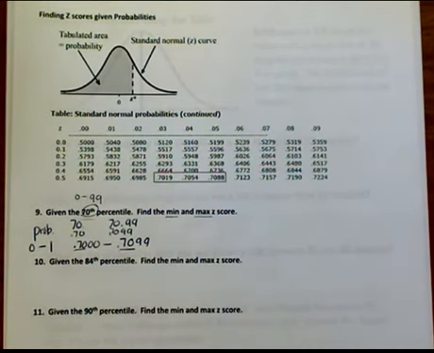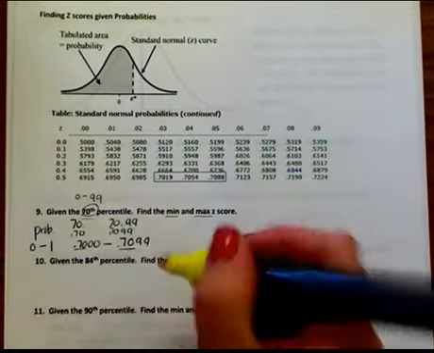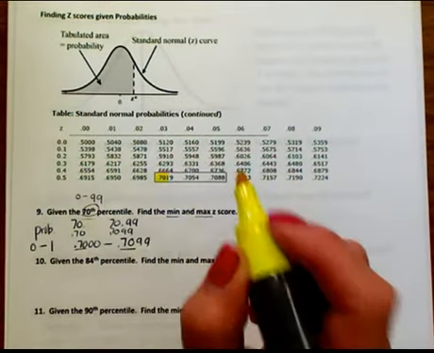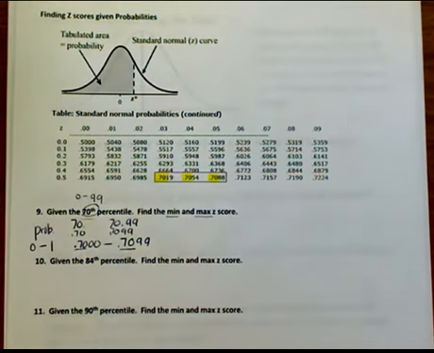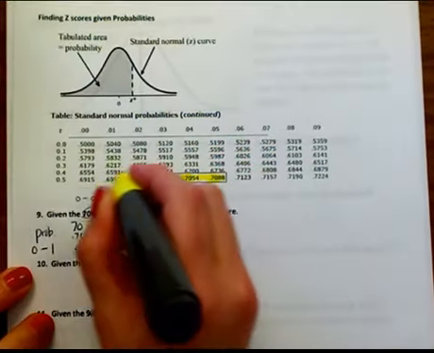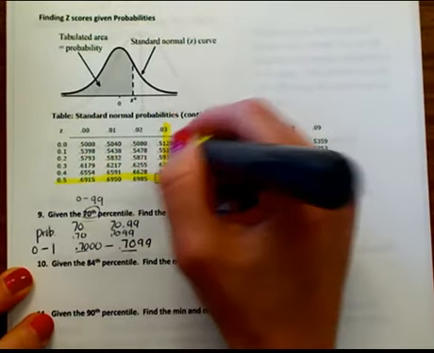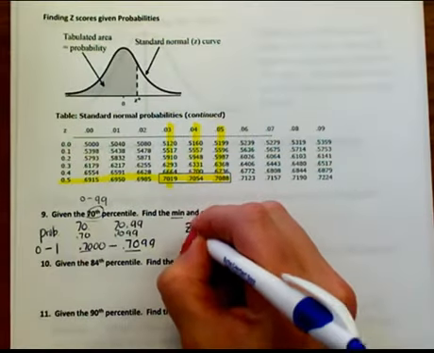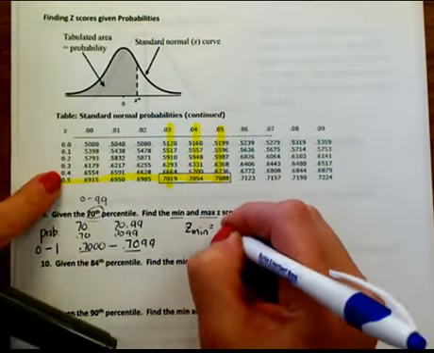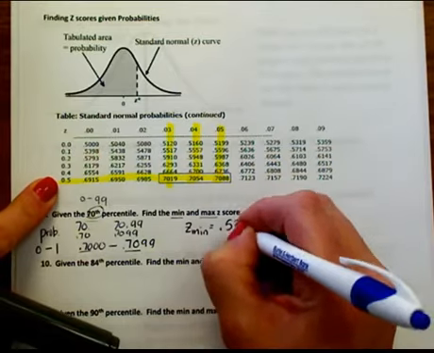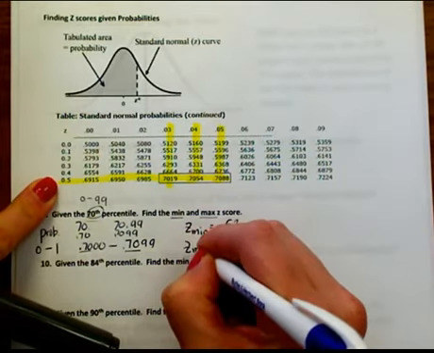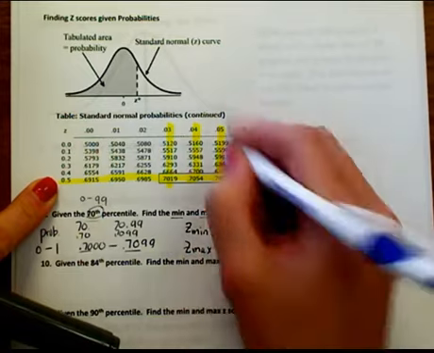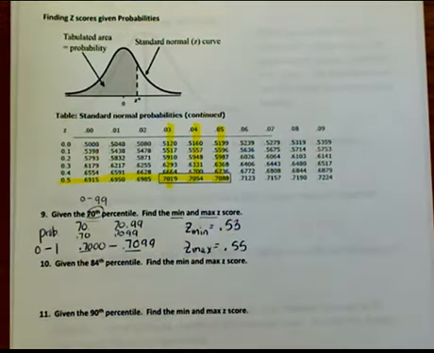I'm going to go up to my z-chart and scan the probability numbers for anything that has a 70 to start. Then I'm going to trace it backwards to find the z-scores. The smallest z-score, z-min, is 0.53. The z-max is 0.55.